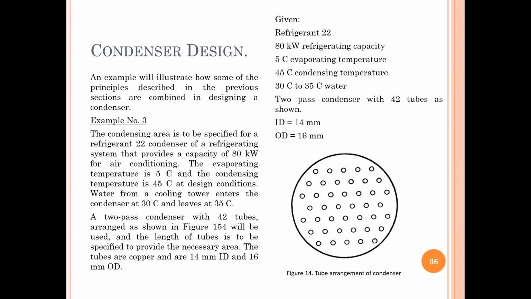The two-pass condenser with 32 tubes arranged as shown in figure 14 will be used, and the length of the tube is to be specified to provide the necessary area. The tubes are copper and are 14 mm ID and 16 mm OD.